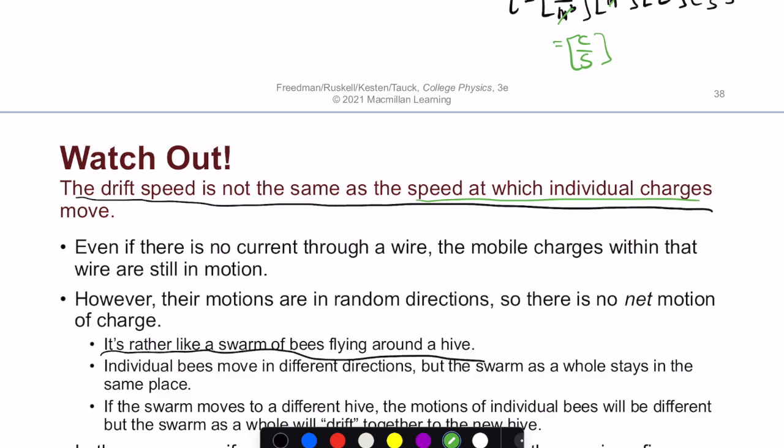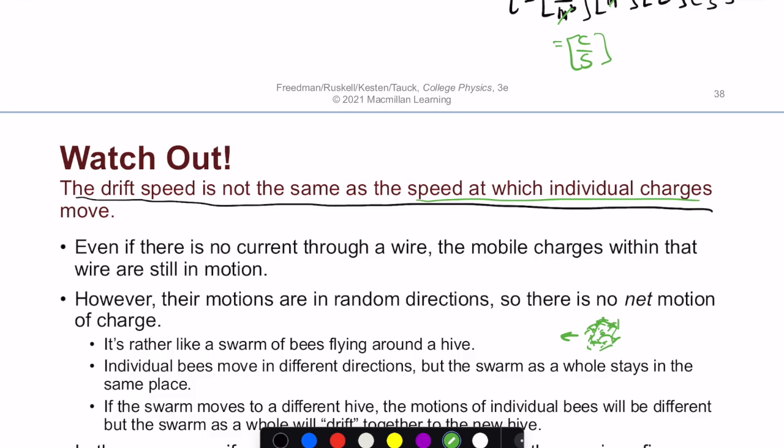You can think of it like a swarm of bees. In a swarm, you have a bunch of bees buzzing around, and they're probably individually buzzing really fast inside that swarm. But the swarm itself is not moving very fast at all. If you're trying to get all of those bees to move a mile away, it's going to take a long time to get them all in sync and moving.